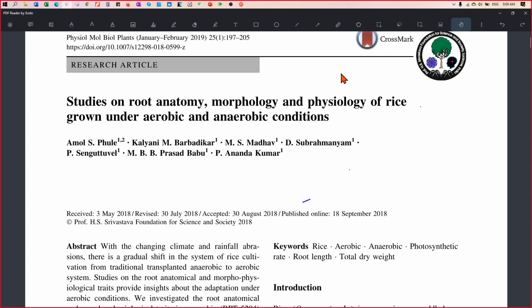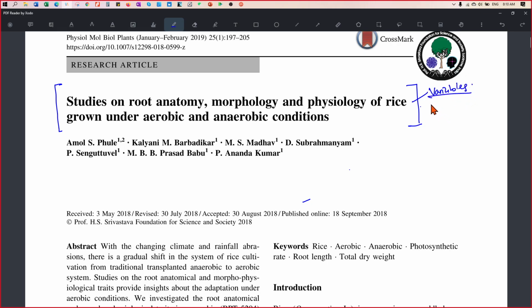So for a scientific article, there will be a title. The title for this article is: studies on root anatomy, morphology, physiology of rice grown under aerobic and anaerobic condition. In titles, you are going to find variables.